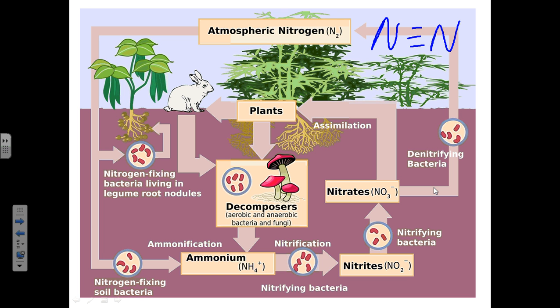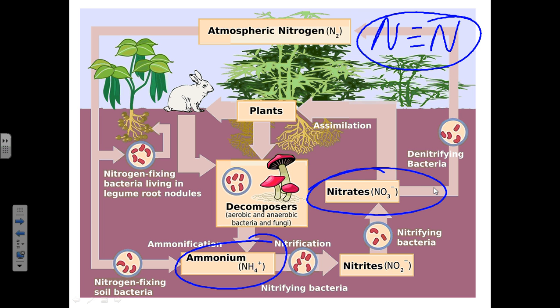Now, there's a few things that can use that gas. And they can take that gas in, and they can do what's called nitrogen fixation. Important point, nitrogen fixation. It's taking this stuff and turning it into a form that's useful for living things, that's usable. And usually, it's either ammonia, or ammonium, or nitrate.